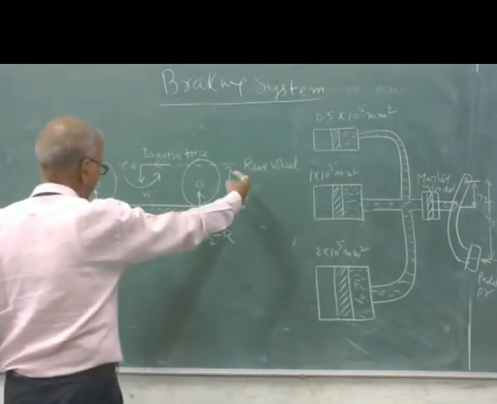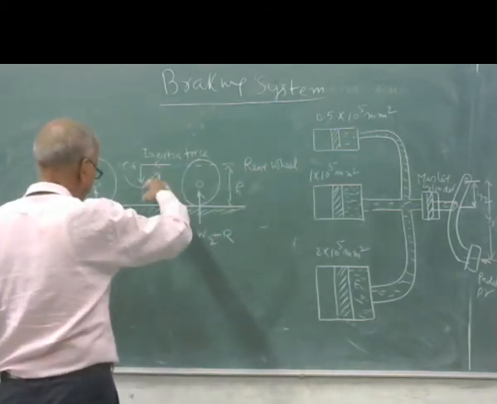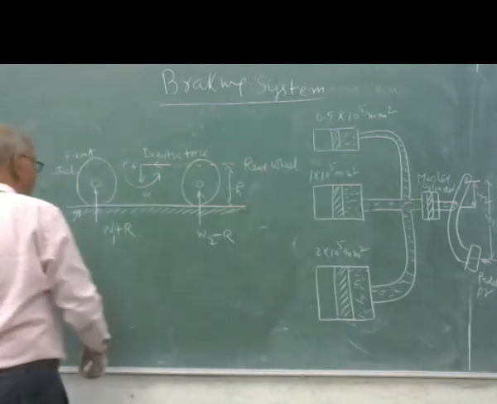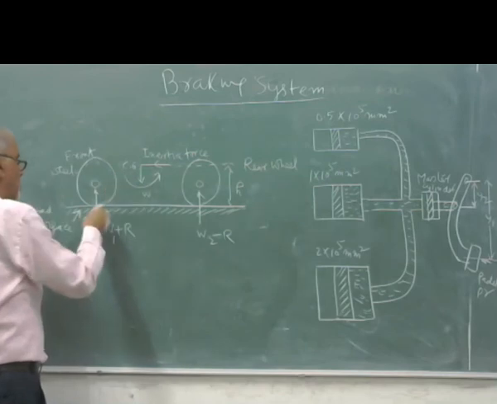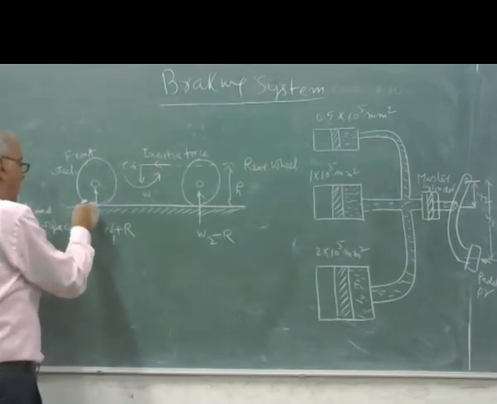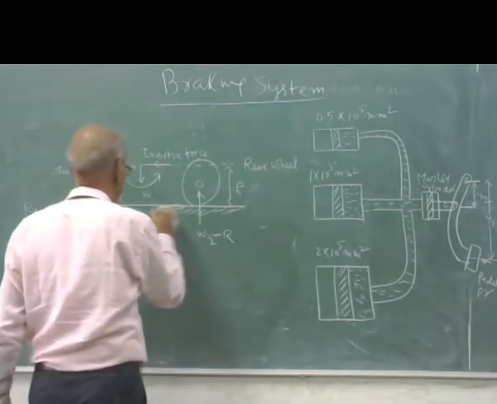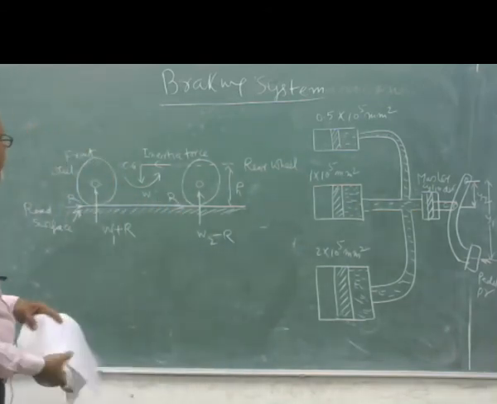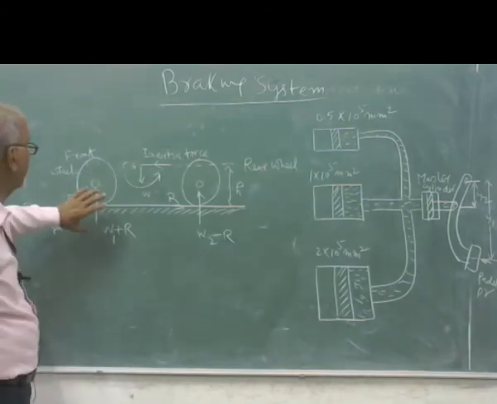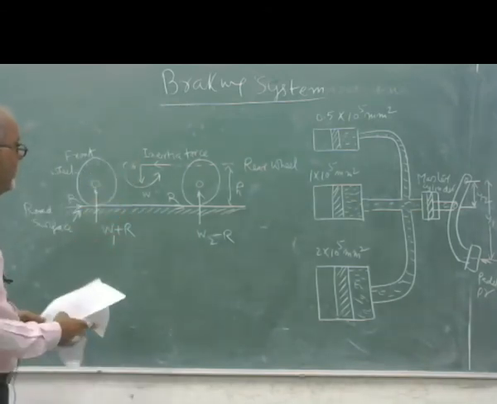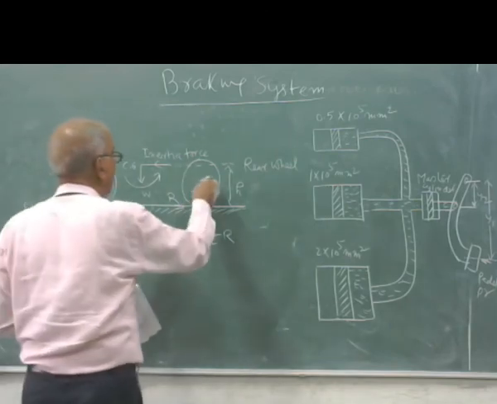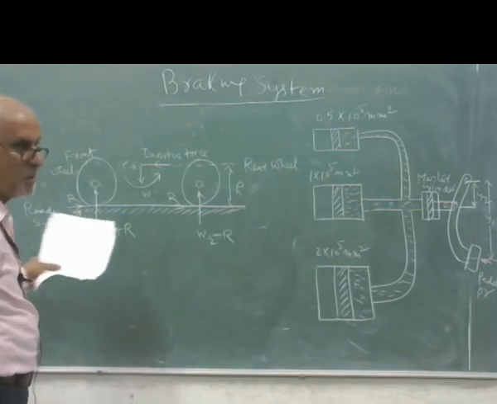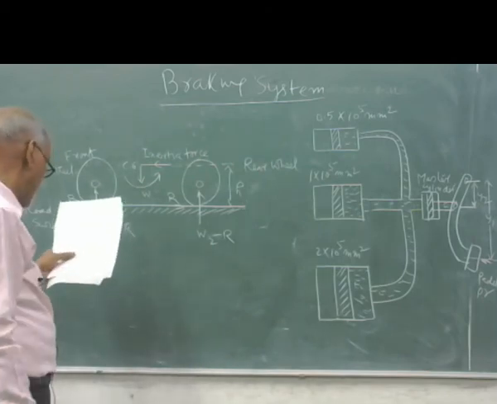When the brake is applied, the inertia force acts and a couple is generated. Here this force is going through this, and the reaction R comes through this R. So a couple is generated between the inertia force and the reaction, and the weight transfer takes place from the rear wheel to the front wheel. So front wheel braking should be stronger than the rear wheel.